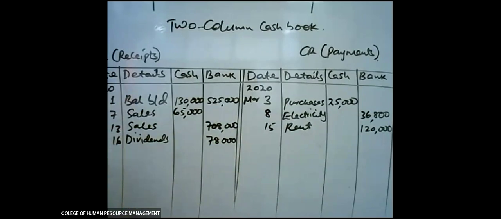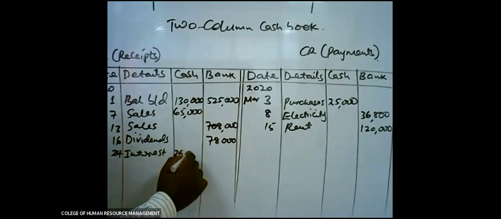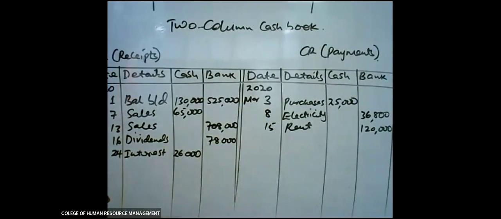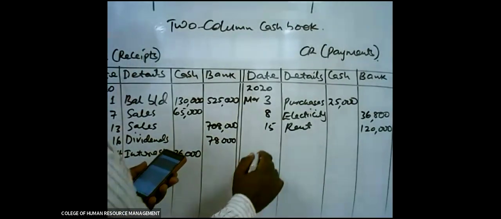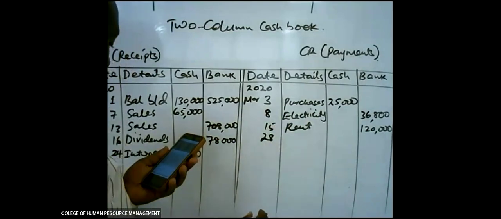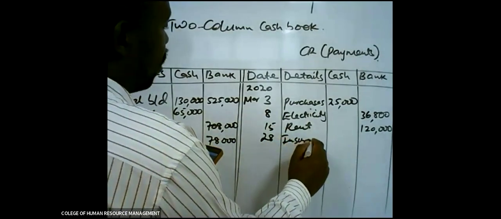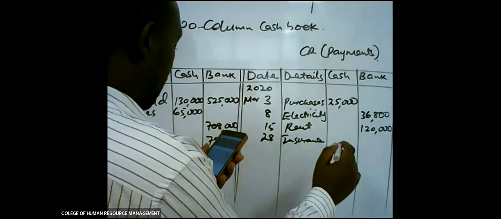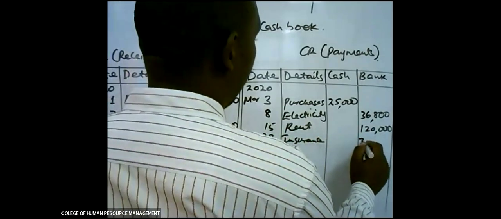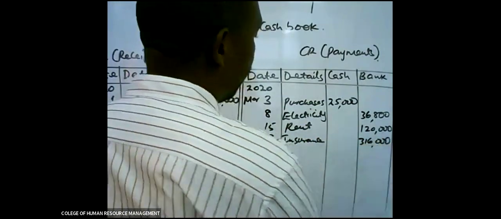Received interest on the 24th, and you are told this interest was received in cash, so you debit the cash, 26,000. On the 28th, it is a payment. We are told that we paid insurance, and it was paid by check, 316,000.